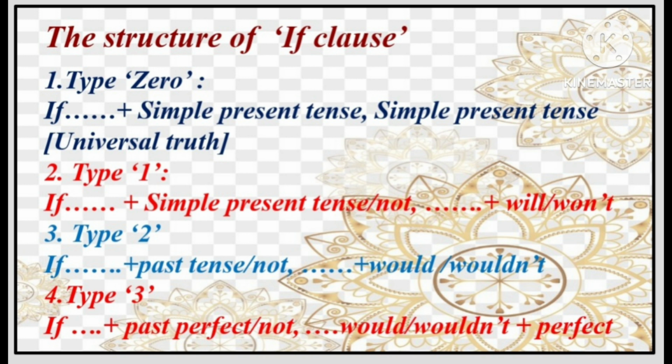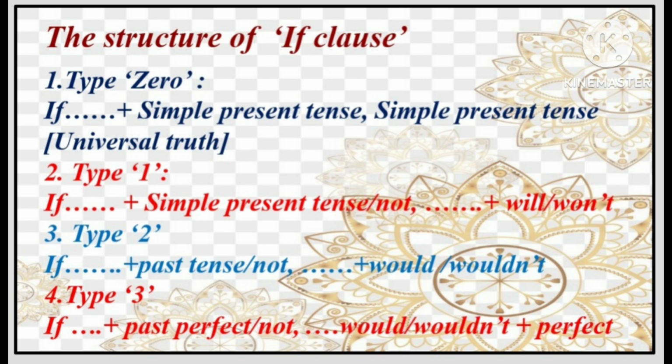Type 0: the structure of type 0 is if plus simple present tense in the if clause and simple present tense in the main clause, when it is a universal truth or a scientific truth. Let us see type 1. The structure of type 1 is if simple present tense in the if clause and will or won't in the main clause.